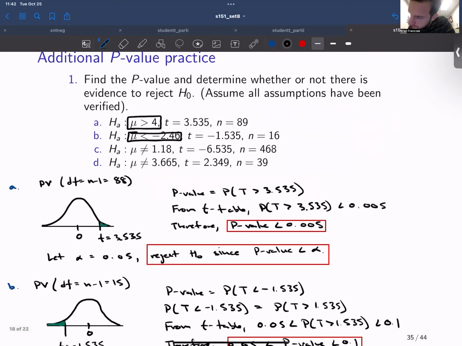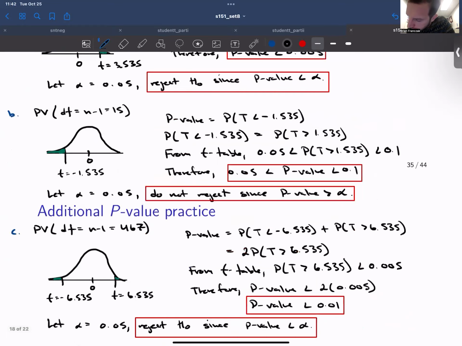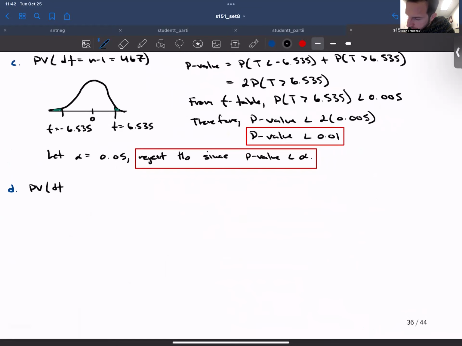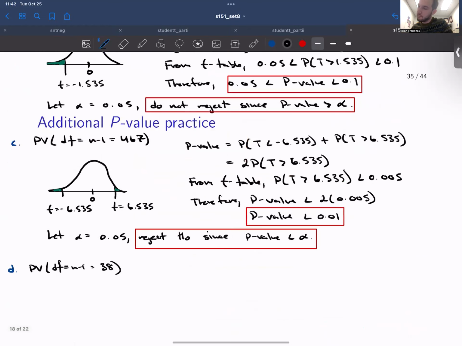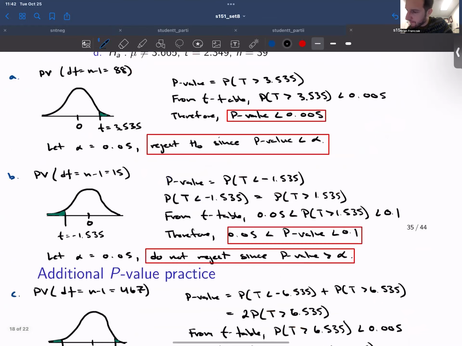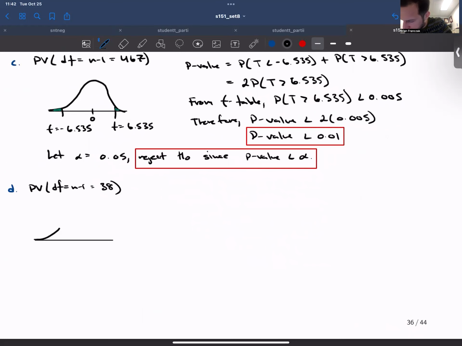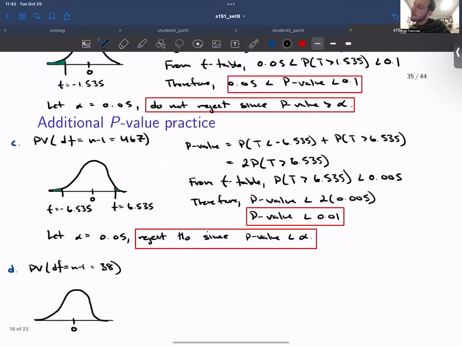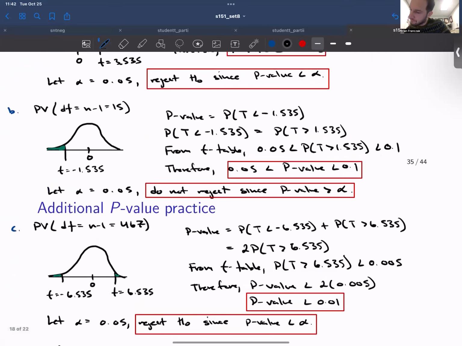So we have df equals n minus 1, which is equal to 38. Right? So our t-value is 2.349.